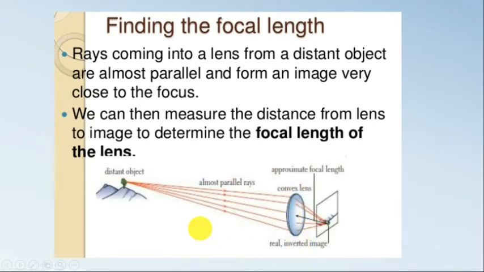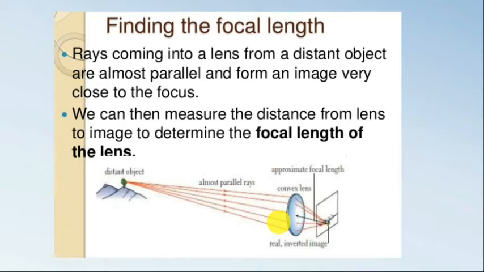Why do we have to do this? Because the rays, until they reach the lens, will reach parallel to each other. From the source, they are not parallel, but because the distance is so far, when they reach the lens, they will come parallel to each other.